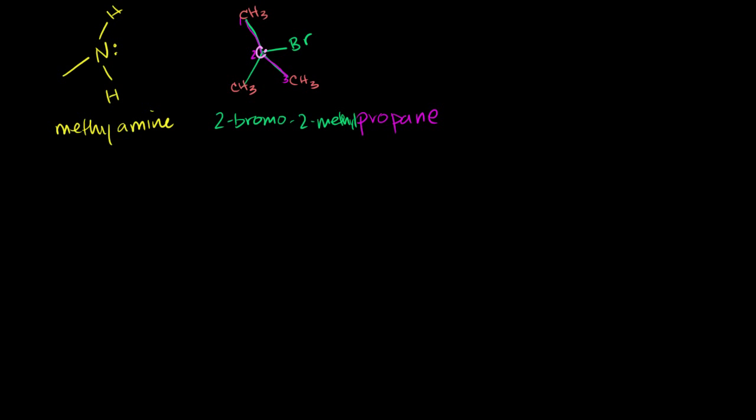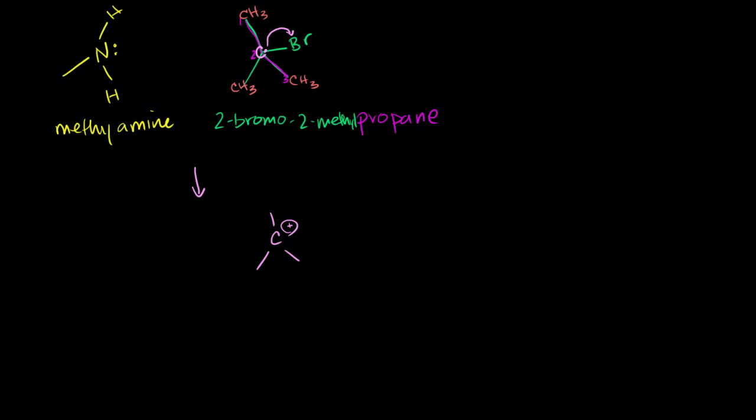So what you could see in step 1 of this reaction is just the bromine leaves. So if the bromine leaves, then our situation looks like this. You have a tertiary carbocation. This electron leaves, so it now has a positive charge right over there. That's why it's a carbocation now.